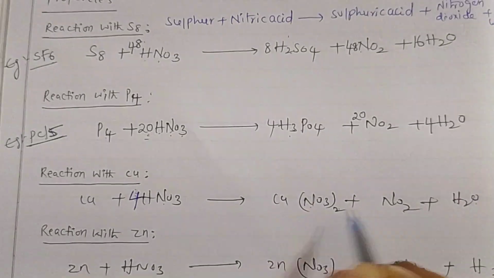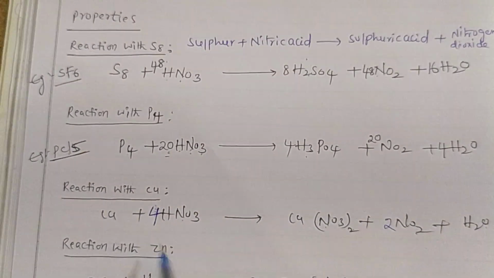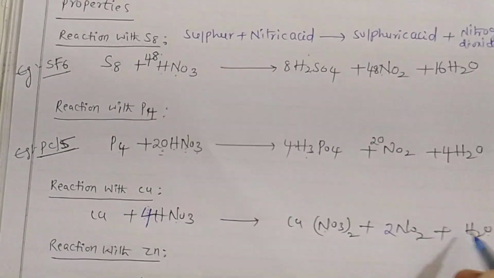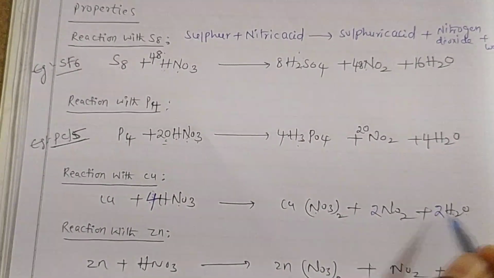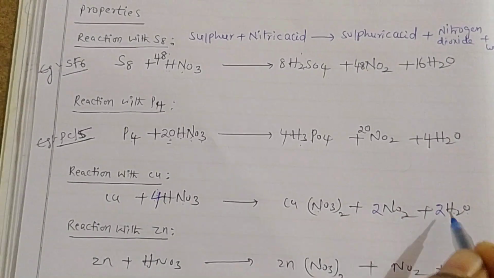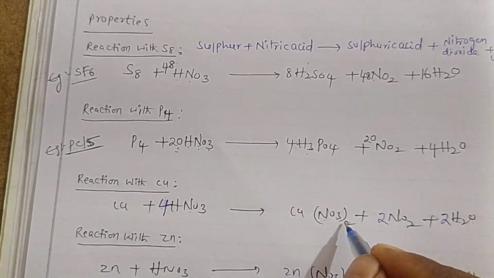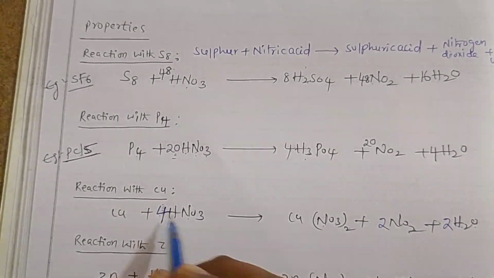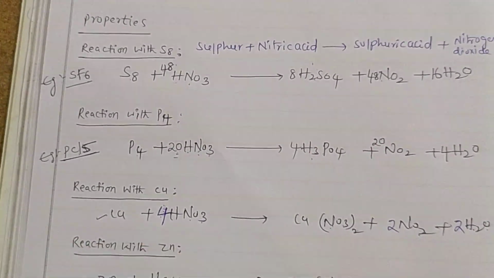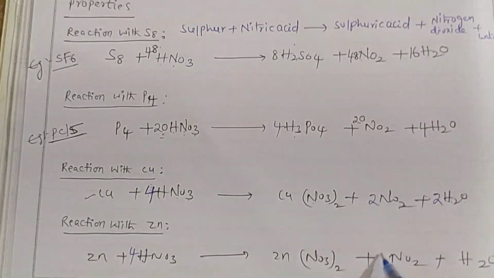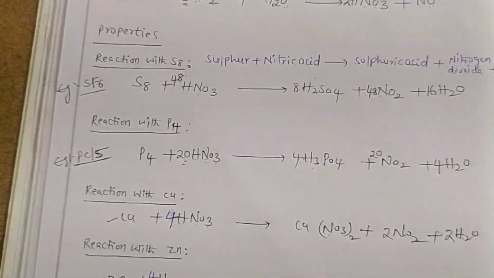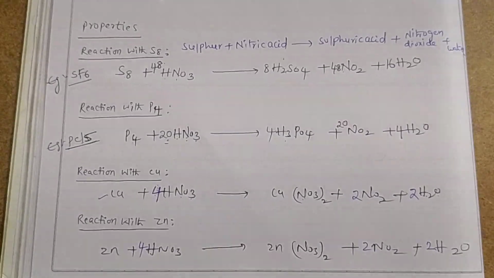Here 2 nitrogens are there, remaining 2. 4 hydrogens, here 2 only, here 2. Now calculate the oxygens. 2 oxygen plus 2 is 4 oxygen, 2 plus 4, 6. 6 plus 6, 12 oxygens. 4 threes are 12 oxygen. The equation is balanced. In the same manner, just take 4 here, everything is balanced like this. So this is the balancing of the equation.